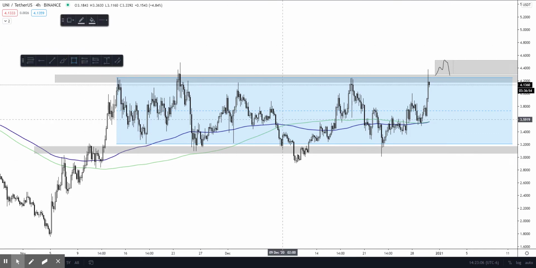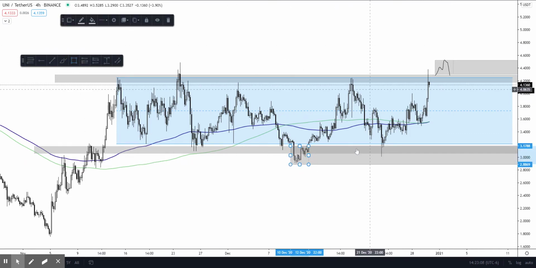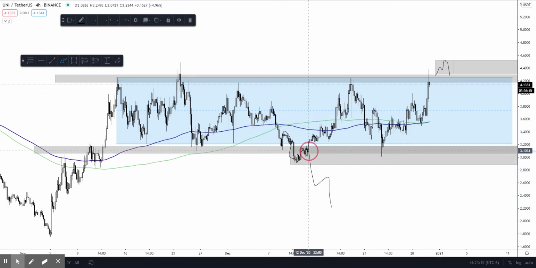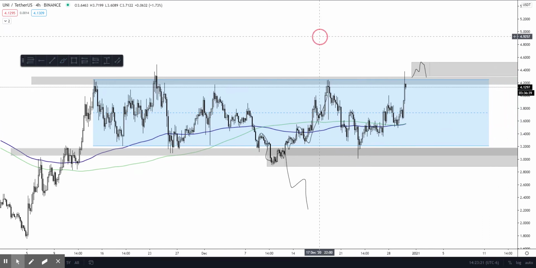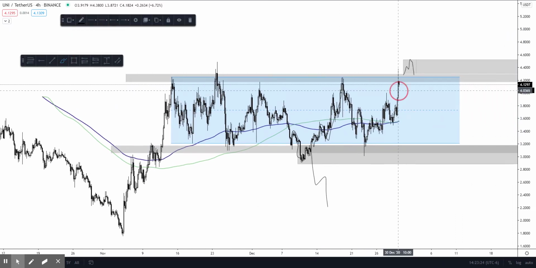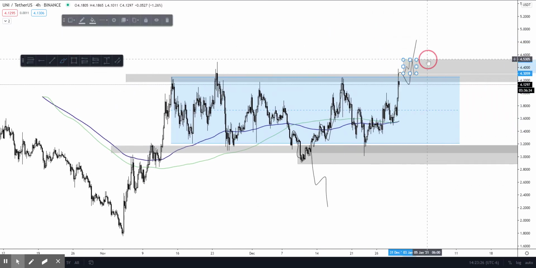All right, so you did get a deviation here, right? That's a very clean deviation. You had your breakdown below. You anticipate the breakdown below. Once you re-enter that range, you can anticipate the move up to the top of the range. So if price breaks out above this range, we're looking for that bigger breakout.